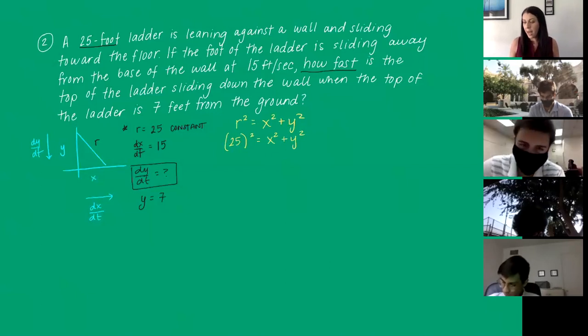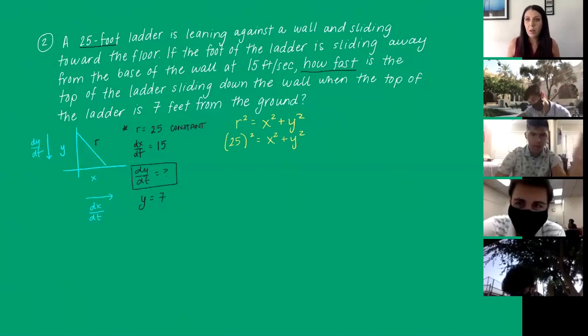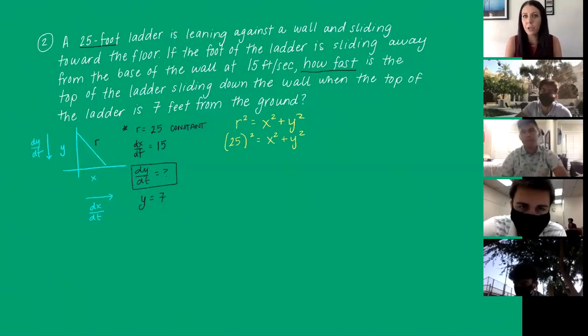Okay, now there's two different things you can do from here that are both correct. Gus, what would you do next? Well, I've got to somehow insert that dx dt into what we have right now, the x squared plus y squared. So I'd probably differentiate. Perfect. You'd take a derivative, right? That's exactly what you should do. So go ahead and take that derivative for us, Gus.